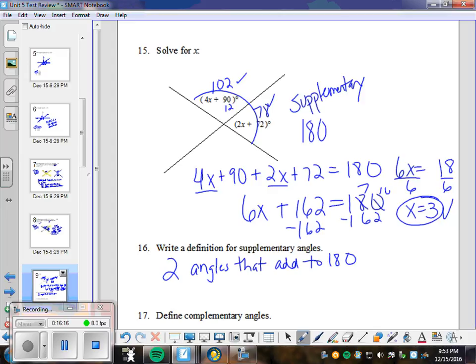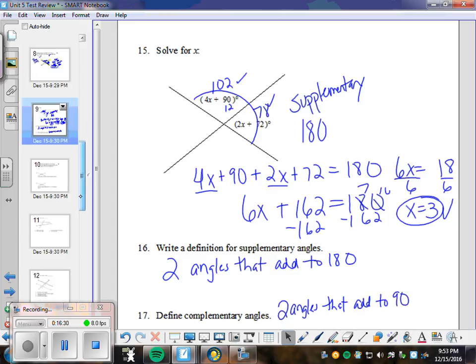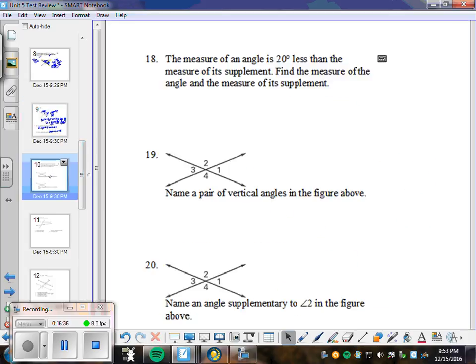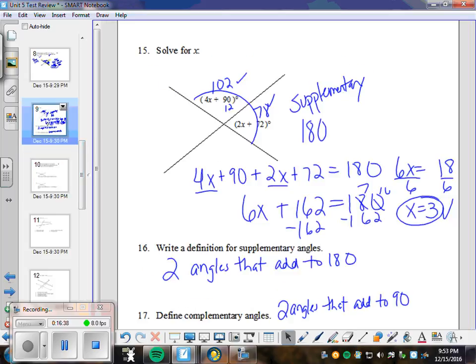Define complementary angles. Two angles that add to 90. Sorry, go back. I know y'all probably have not finished writing all that down.